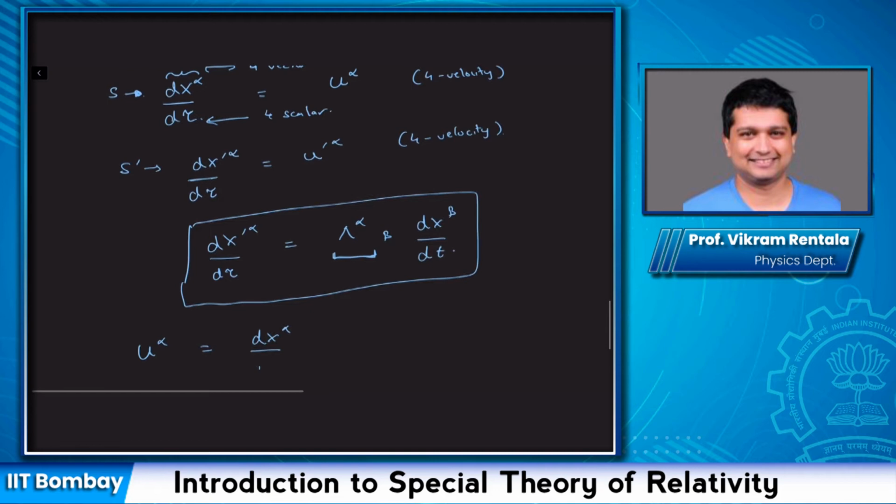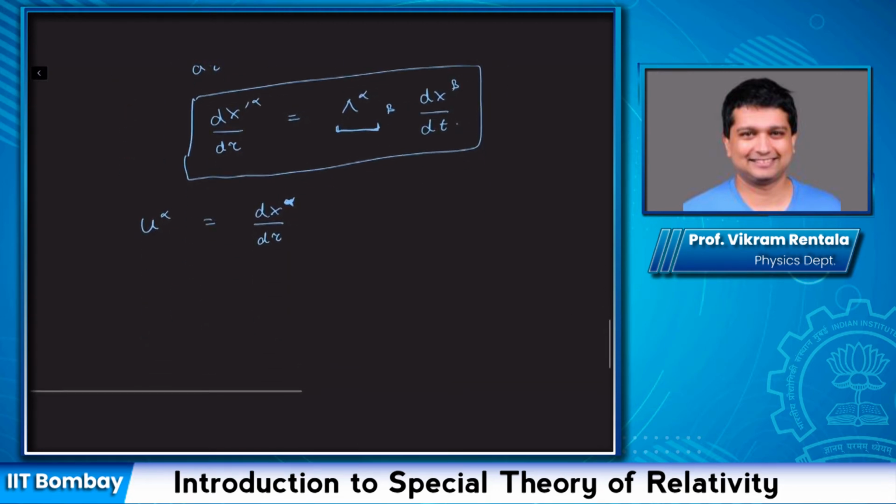And we'll see that this 4 velocity is related to the thing we had defined earlier in this sort of ad hoc manner.